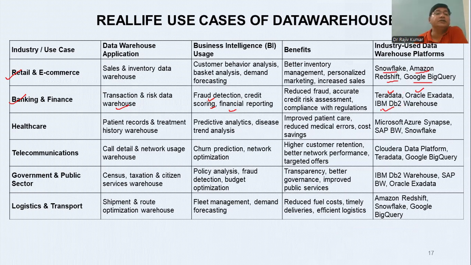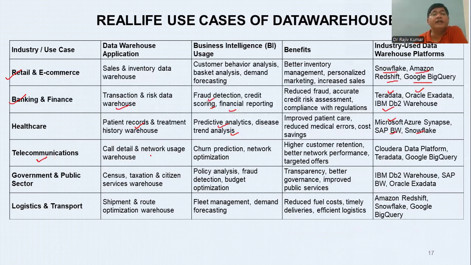Healthcare can use data warehousing for patient records and treatment history, predictive analysis, disease trend analysis. The companies are Microsoft Azure, SAP, Snowflake. So these are the companies using this.